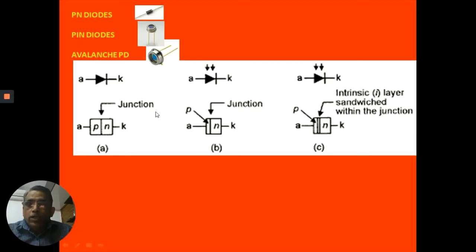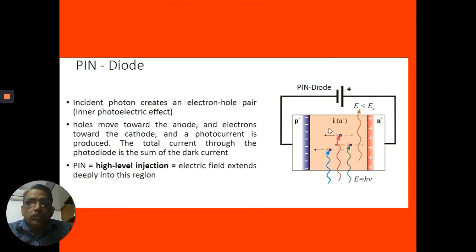Now look at these different configurations, the pictorial presentation of the PN junction and the PN junction with the intrinsic layer. Normally the intrinsic layer is undoped. P is p doped, N is n doped, and intrinsic is undoped. This is how pin diodes are produced, and they find a lot of application in photodetection.